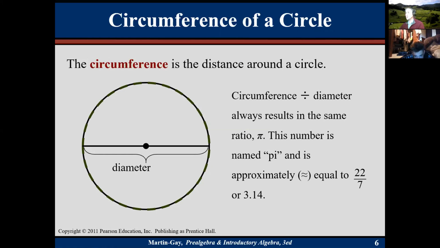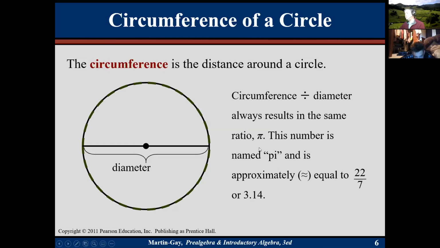It's always the same ratio, and we call this number pi. It's approximately equal to 22/7 or 3.14, and it's actually 3.1415928 something or other, right?